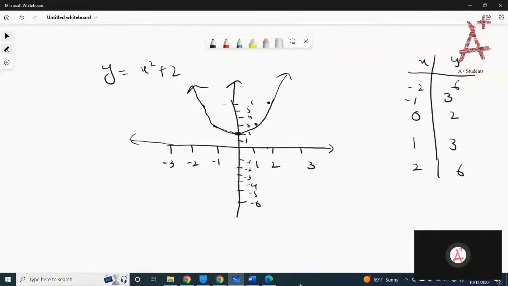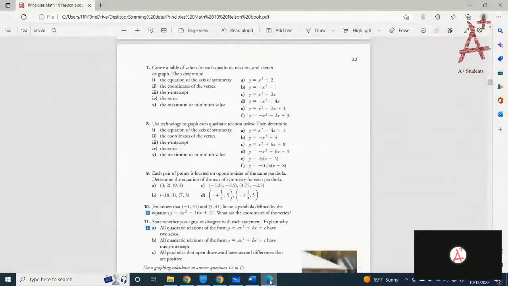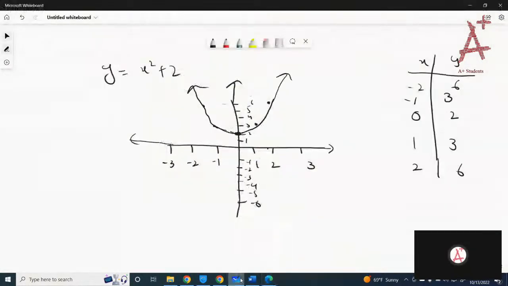Okay, now you have to find the rest of the values. Which values do we have to find? The equation of the axis of symmetry. You have to make a line. The axis of symmetry is a line that divides the parabola into two identical parts.